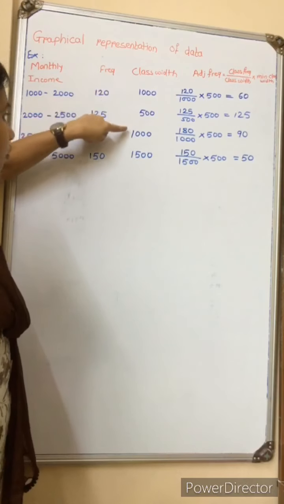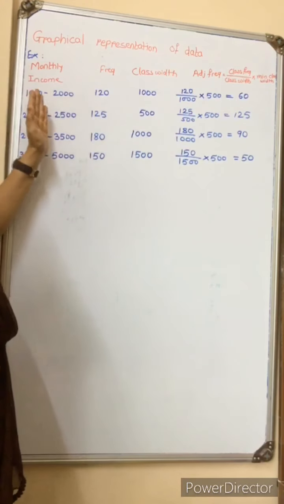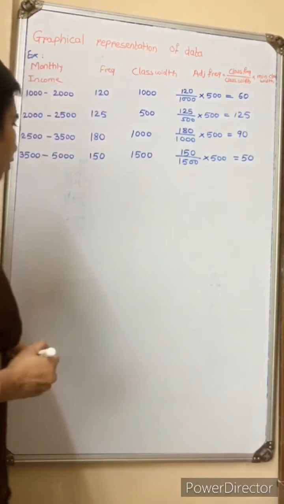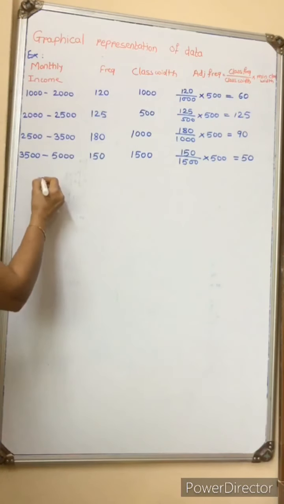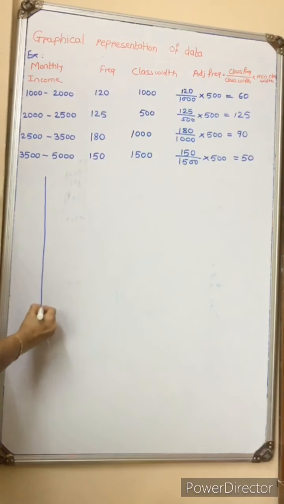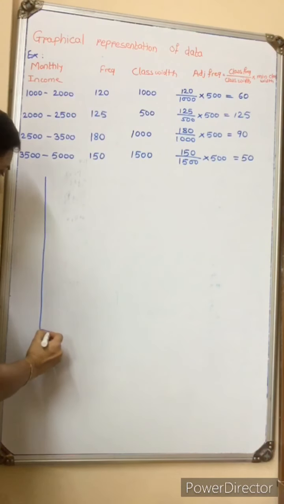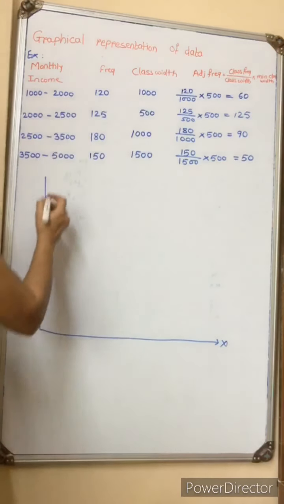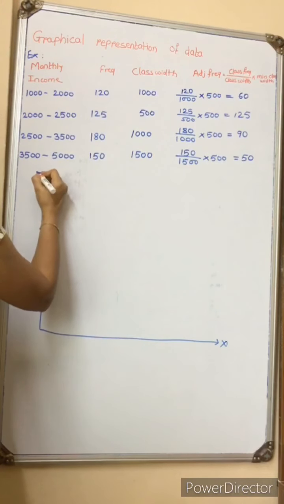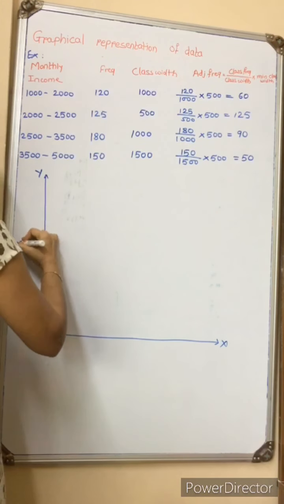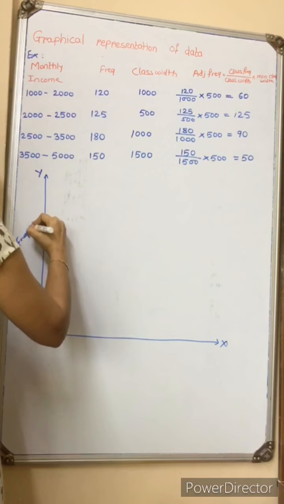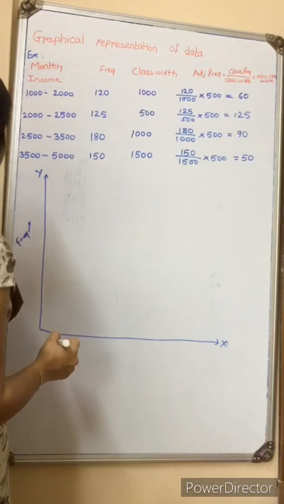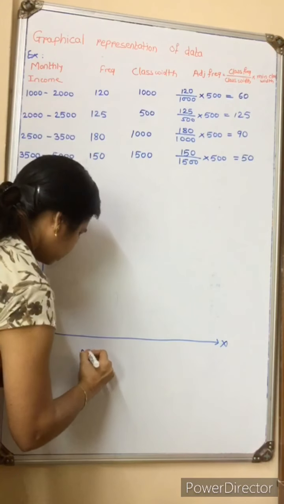Now we draw this by taking the same classes with adjusted frequency. Here we have two axes, y axis and x axis. Always on the y axis we take frequency, and on the x axis we are going to take the monthly income.